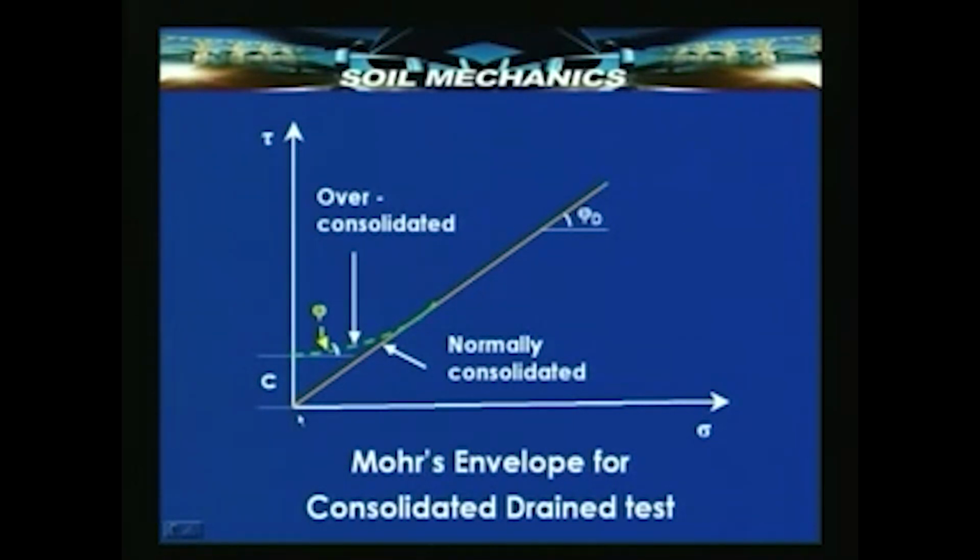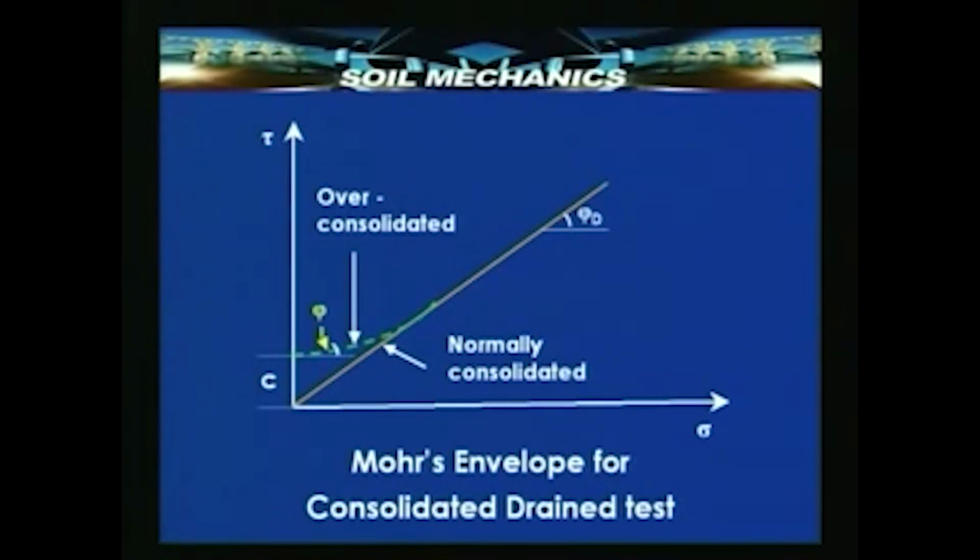But then as the stress sigma increases, the slurry gets more and more consolidated, leading ultimately over a long period of time to a soil which is consolidated fully under the pressure that it has experienced.